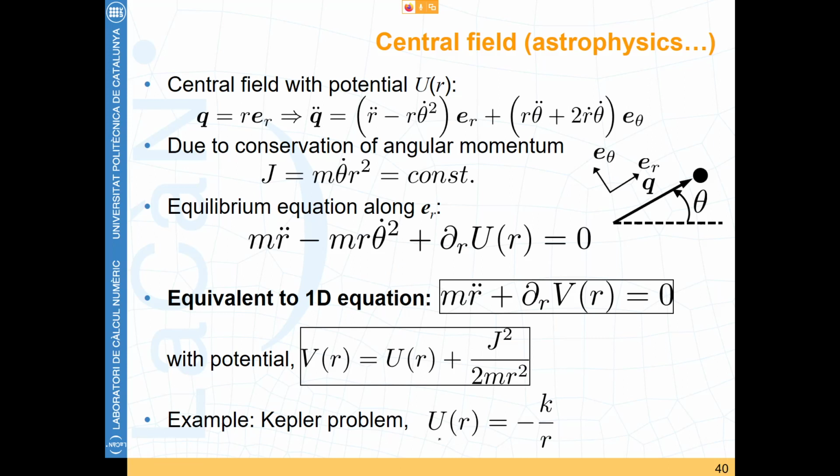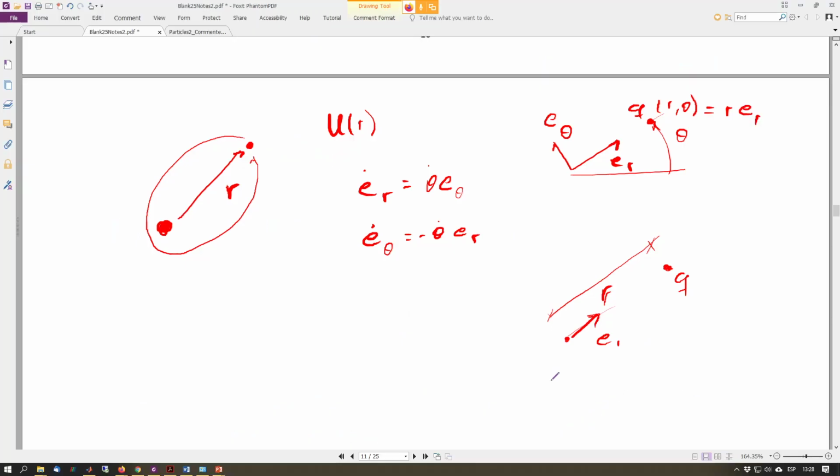You can apply this to the Kepler problem. One direct application in the Kepler problem: our potential is just inversely proportional to r. So the forces will go to infinity as we get very close, and vanish to zero as we get far away from the center position. That will be for the Kepler problem, something like that.